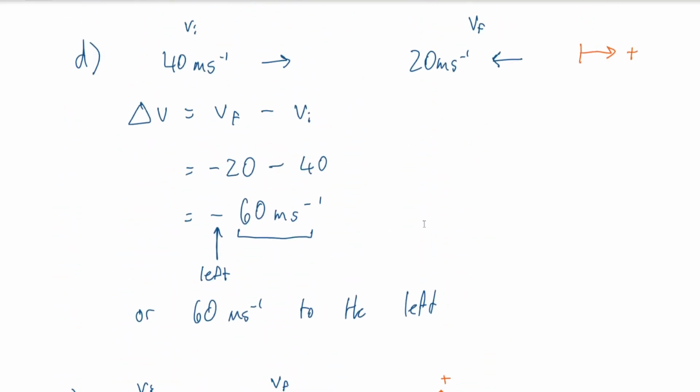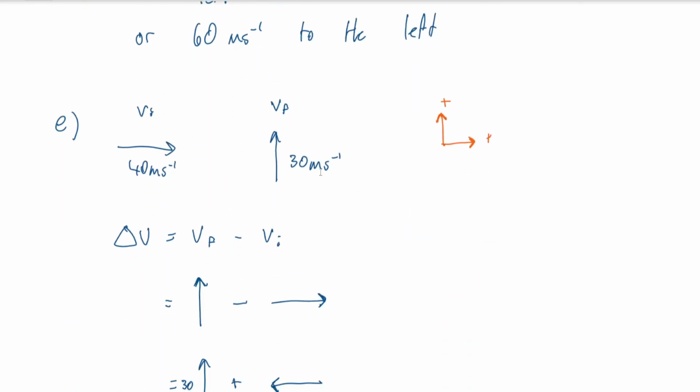So just to recap D and E, in one dimension, it's enough to define our positive direction, and then when we subtract, making sure we replace the magnitude with negative. For example, the final velocity, since it was to the left, we replaced it with negative 20. And the final answer, the sign, will tell us the direction.